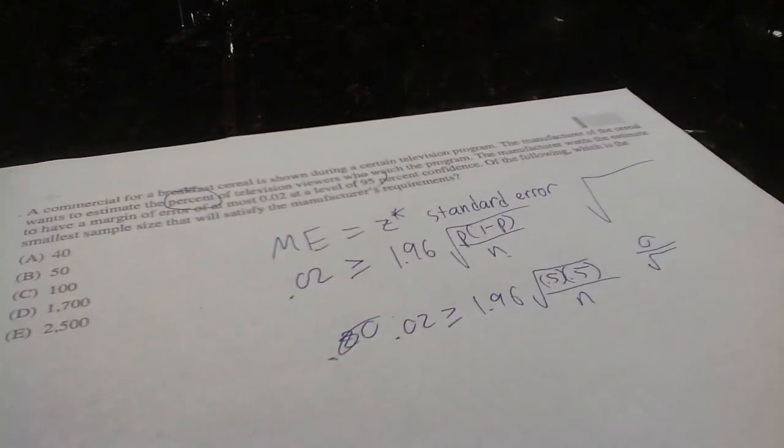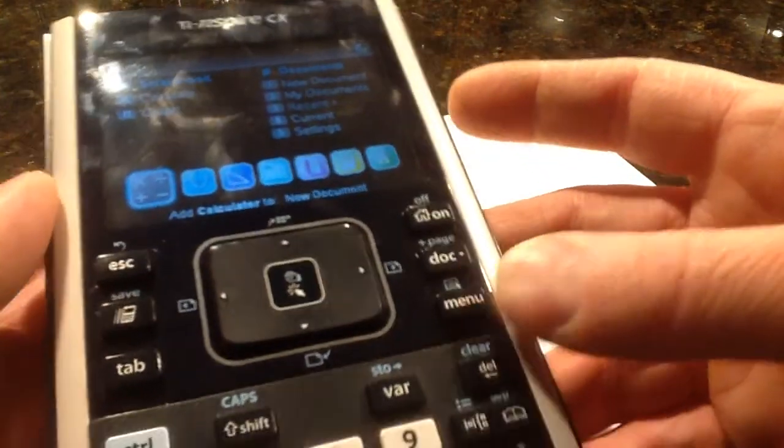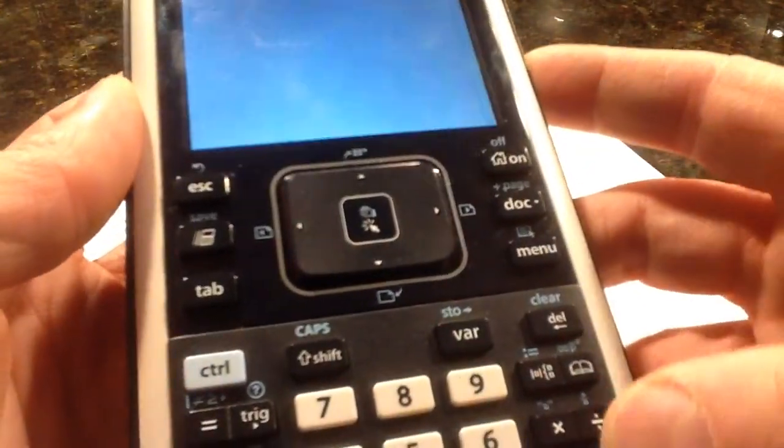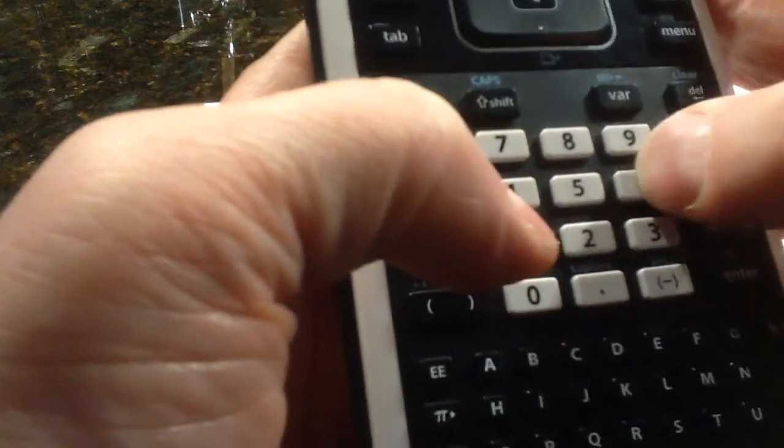So, we just have a little algebra to do. Here we go. Let's see. So, we've got to do 0.02 divided by 1.96. Enter.